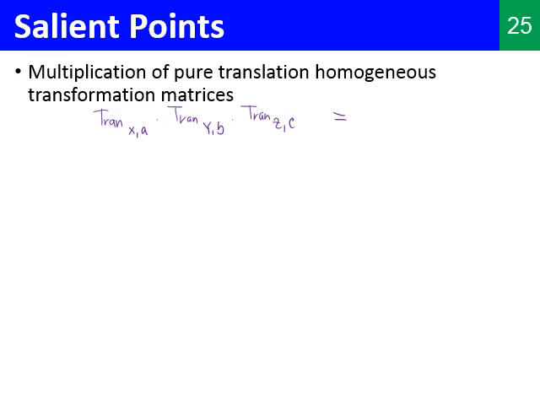Since these are pure translations, there won't be any change of rotation, right? So that means our rotation would be I, the identity matrix. Okay, and what about the translation? So the final translation would be a vector consisting of these three values, A, B, and C. So why is that possible?